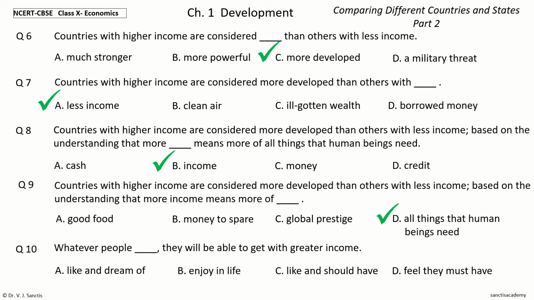Your time to choose. And the answer is like and should have. So, whatever people like and should have, they will be able to get with greater income.